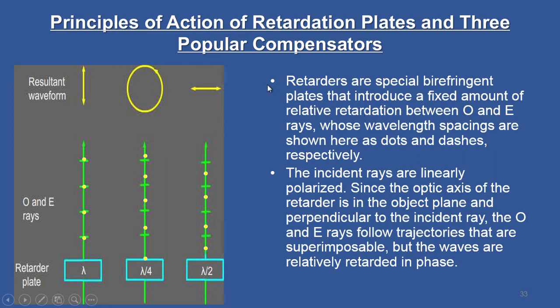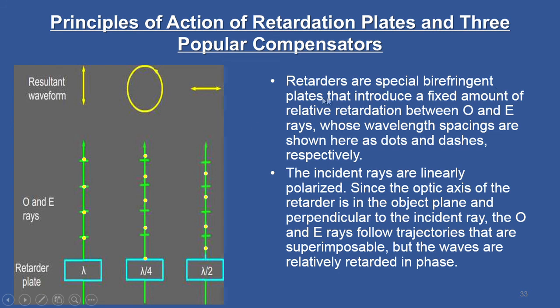So, I just mentioned the retardation plates. Let us see what are the principles of the actions of retardation plates and the three popular compensators. The retardation plate and compensator are one and the same. So, look at the schematic. Let us look at the remarks first and then we will get into the details of the schematic.